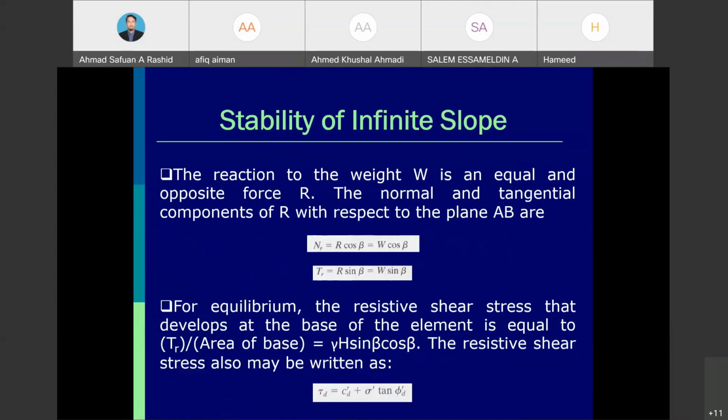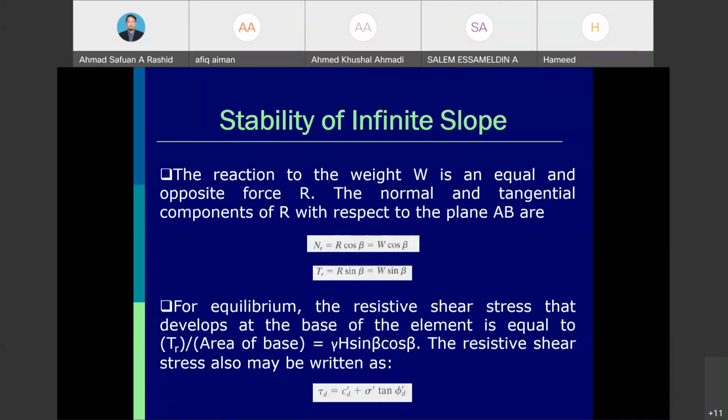So the reaction to the weight W is an equal and opposite force R. The normal and the tangential components of R with respect to the plane AB are NR and TR, the reaction forces opposite to NA and TA.